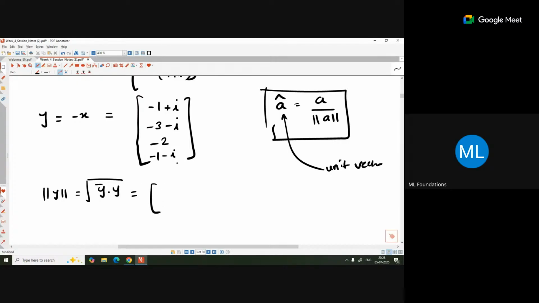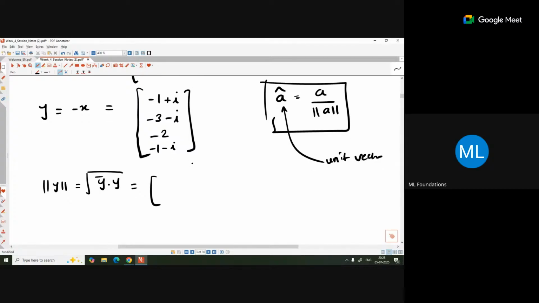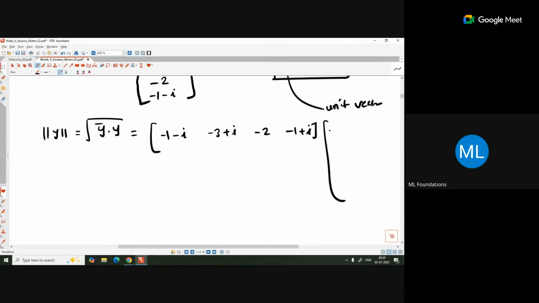So in terms of the vectors, how will I write this? Minus 1 minus i, minus 3 plus i, minus 2, minus 1 plus i, multiplied with this: minus 1 plus i, minus 3 plus i, minus 2, minus 1 minus i. Is that okay?